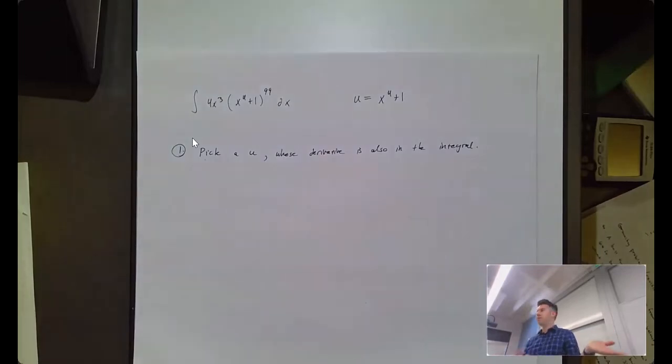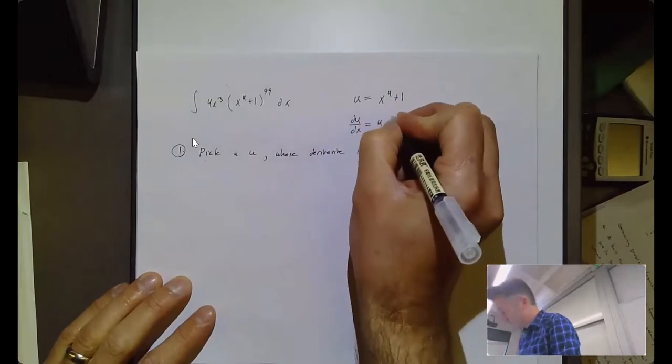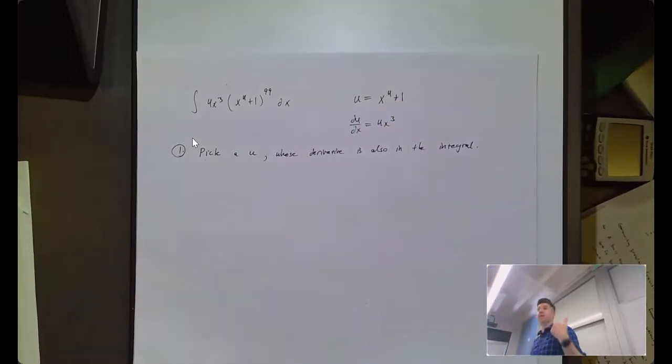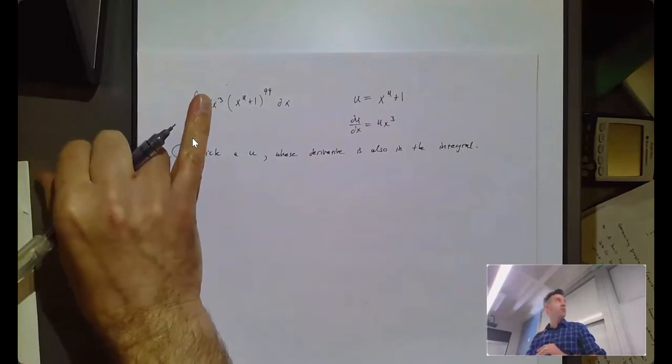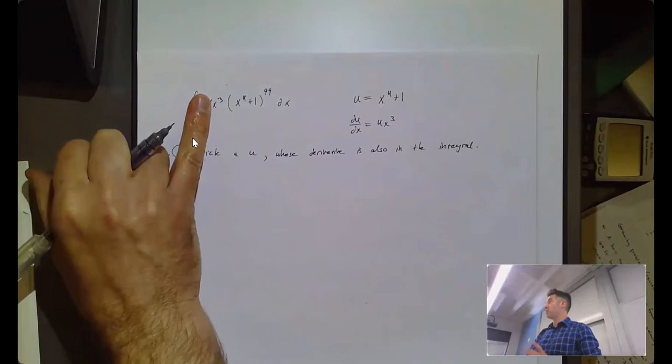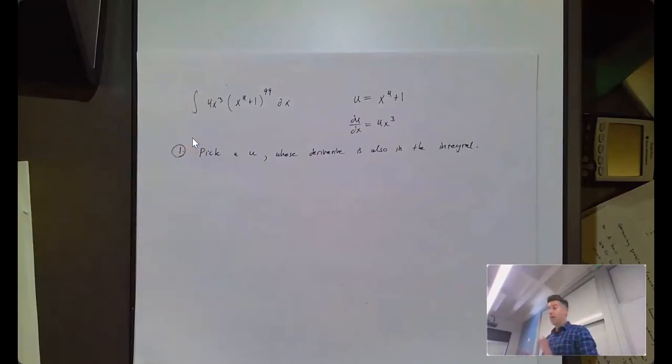We picked a u, and the derivative of that is 4x cubed, which is in the integral. Now, you don't have to have the right coefficient. If this had just been x cubed instead of 4x cubed, this would still be a great choice because we can figure out how to adjust for a constant multiple. This is what you want: you want to pick u so that the derivative of u is also in your integral.